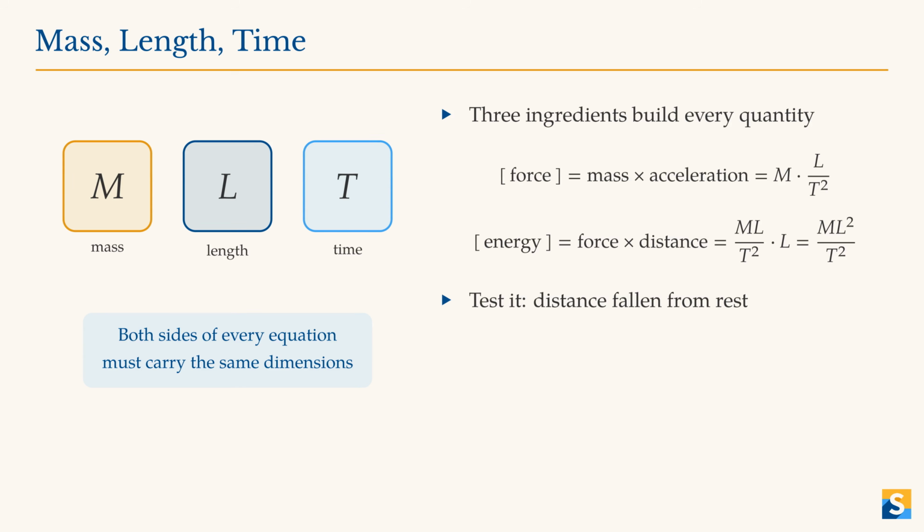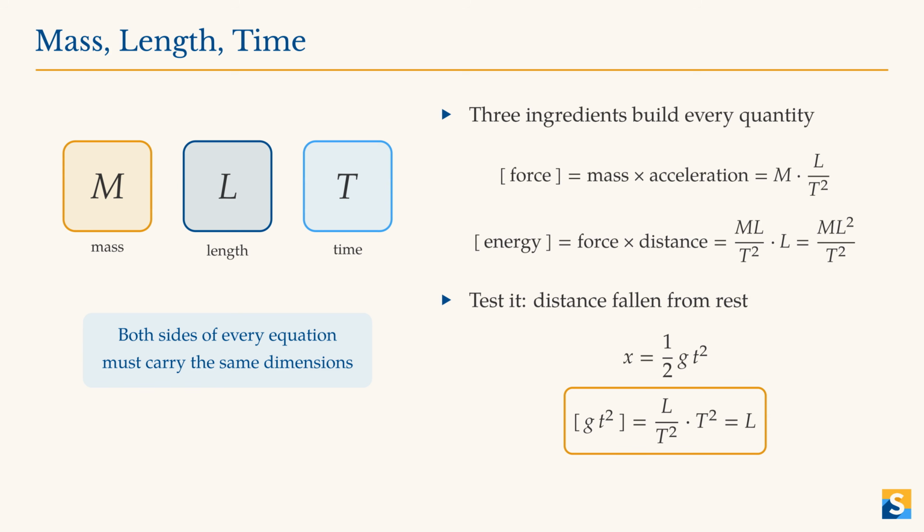Let's test it on something familiar: the distance fallen from rest, x = 1/2 g t squared. g carries dimensions of length per time squared. Multiply by t squared and the time dimensions cancel completely, leaving pure length. The left side is a length.